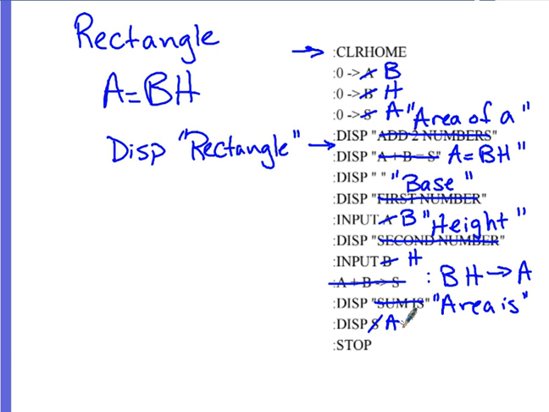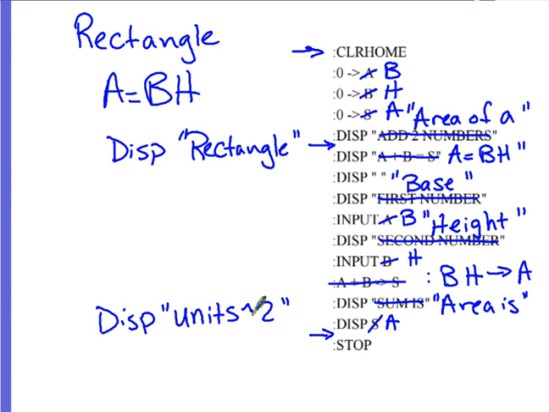Now we need to add a line right here, because your answer needs to have a correct label. We're going to use a generic label of units. So we need to put a line in right here that says disp units squared. What we're going to use on the calculator is a key called the caret key.